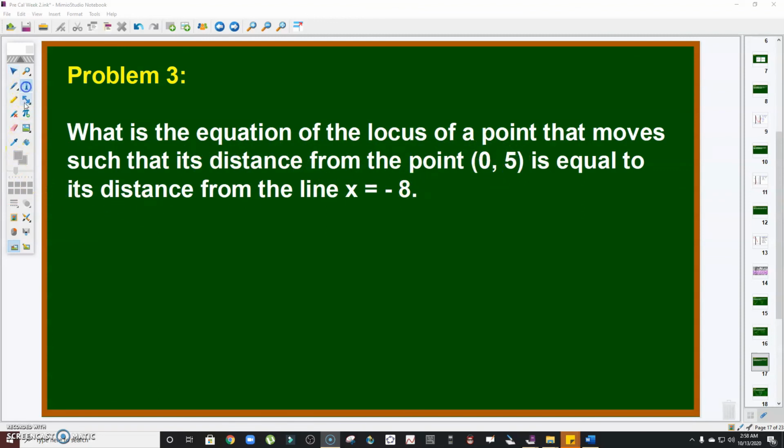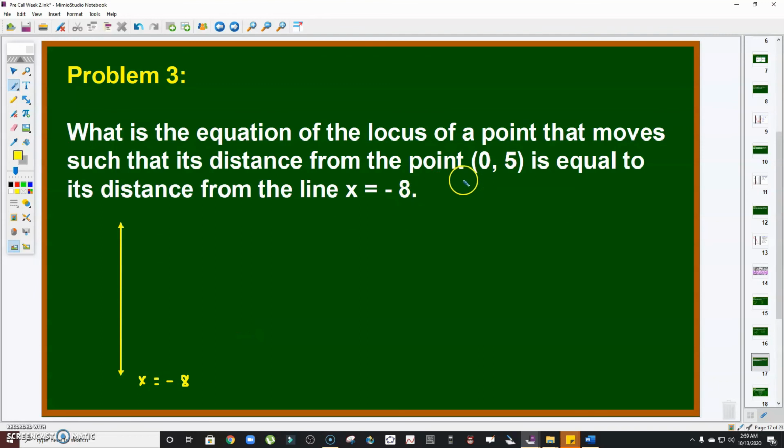So, let me draw a line. Yung line, vertical line yan. So yung vertical line na x equals negative 8 is your directrix.